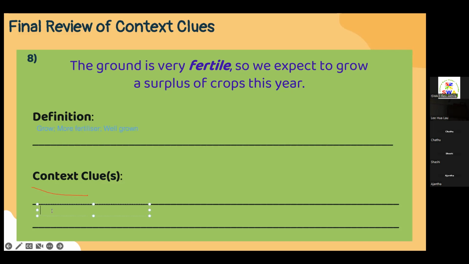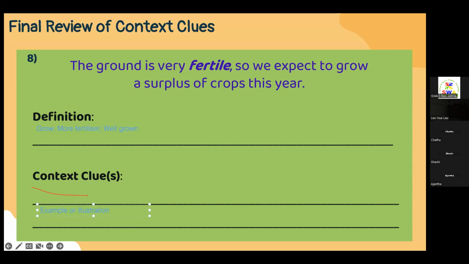So what is actually being used here is the example or illustration context clue, because they help to illustrate and describe part of the meaning of fertile, which is that the ground will produce an abundant supply of crops.